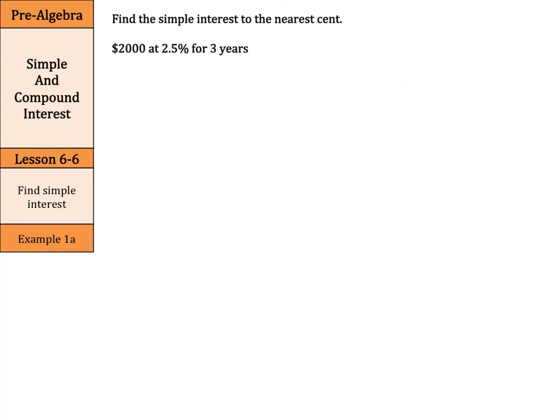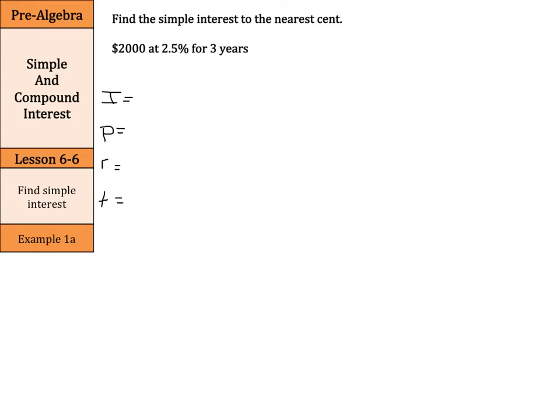So on our first example, we want to find the simple interest to the nearest cent. So I'll have $2,000 at 2.5% for 3 years. Well, if we start off with our key variables, we'll have I for interest, P for principal, R for rate, and T for time.